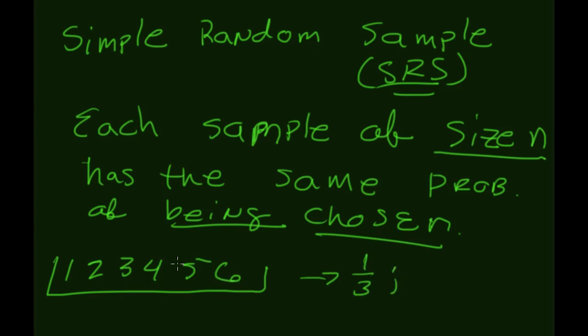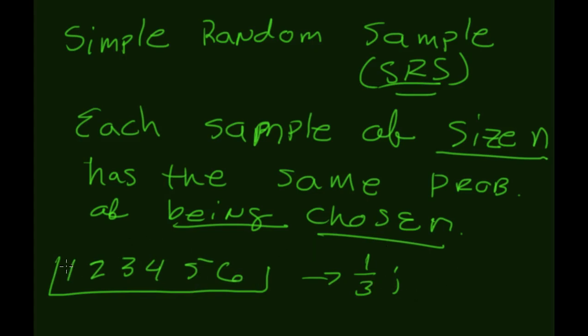Now, if I take a look at this and I say, well, can any pair be chosen? Can I pick 1 and 3? Can I pick 2 and 4? Can I pick 1 and 5? Sure. And what is the probability of that happening? So how many pairs are there? Well, 1 can be paired with 5 different numbers. 2 then can be paired with 4 different numbers that aren't 1. 3 with 3 different numbers. 4 with 2.